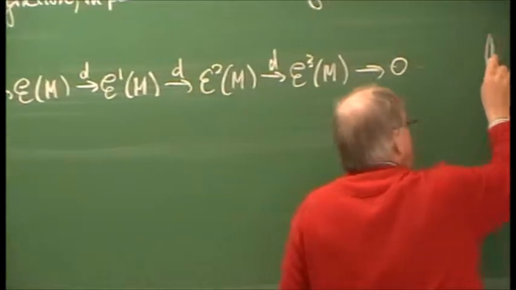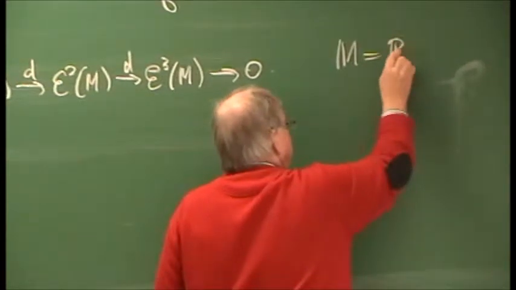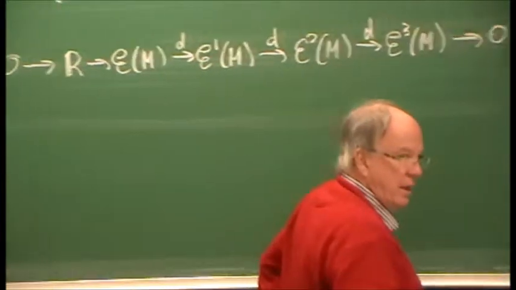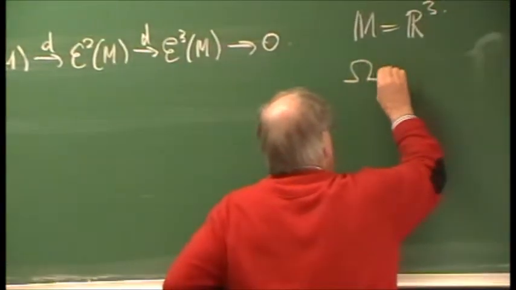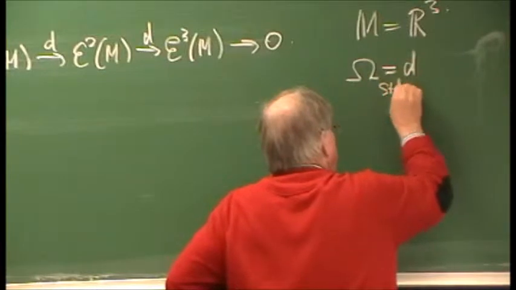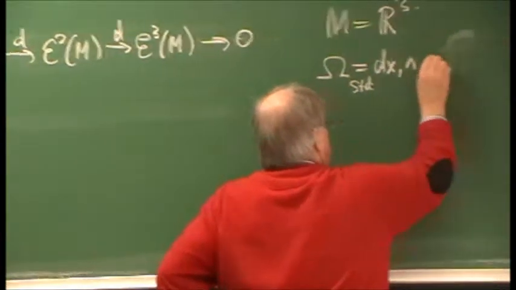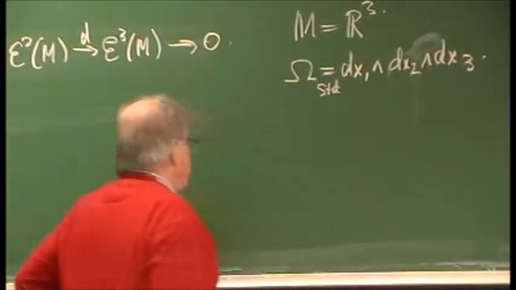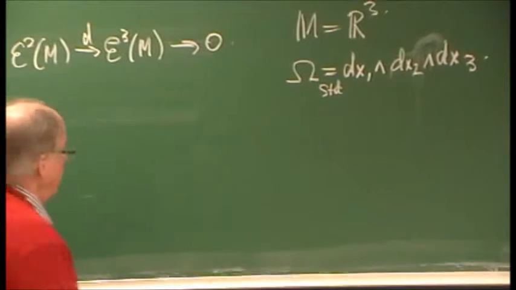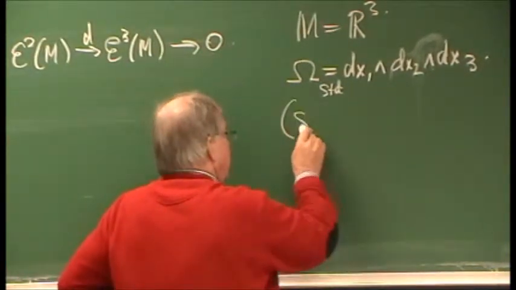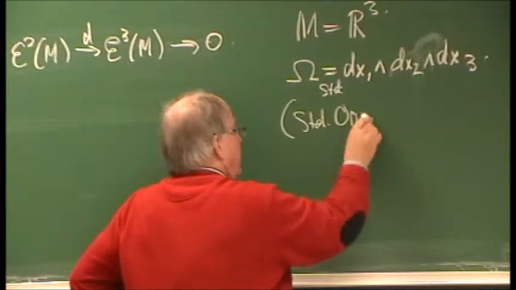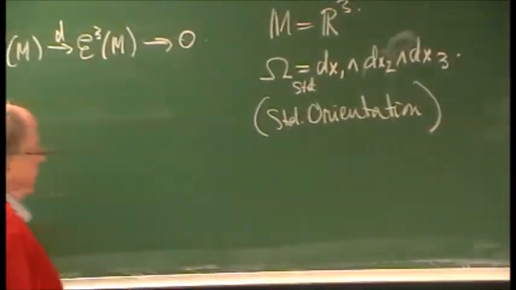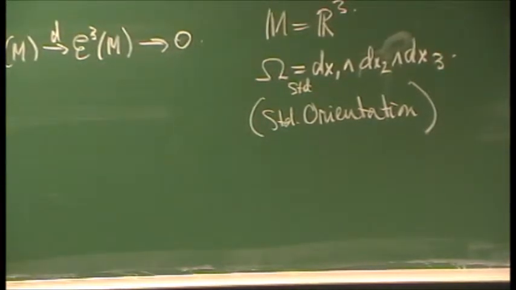And I'm only going to do it for M equal R^3. And in order to discuss the matter, as we learned last time, we need an orientation form, which I will fix as the standard orientation form, dx1 dx2 dx3. So that's the standard orientation on R^3. A nowhere vanishing top form.